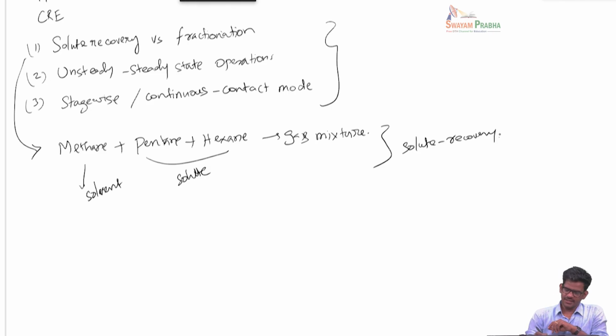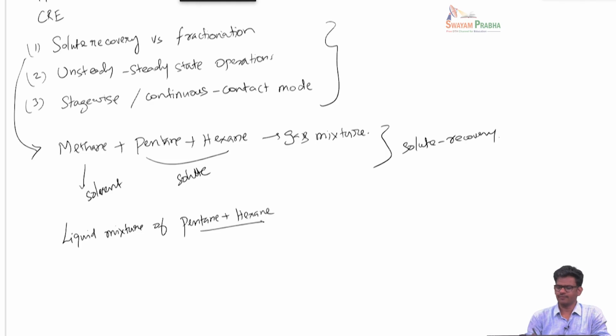So now let's say again we'll take a liquid mixture of pentane and hexane. Okay, it's a liquid mixture, and now we want to purify this, we want to separate this.